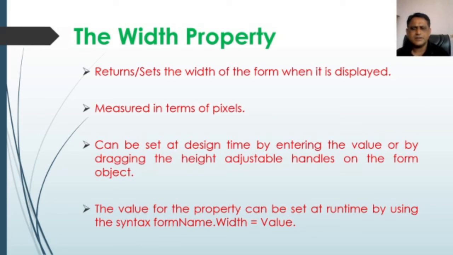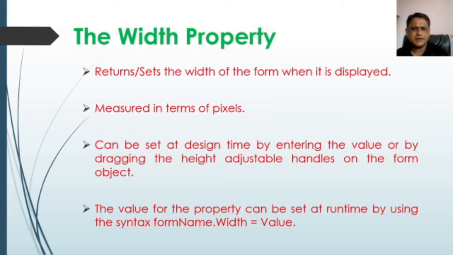Again it is measured in terms of pixels as usual, and the property can be set at design time by entering the value in the property window, or you can drag the form by holding it in the right corner.